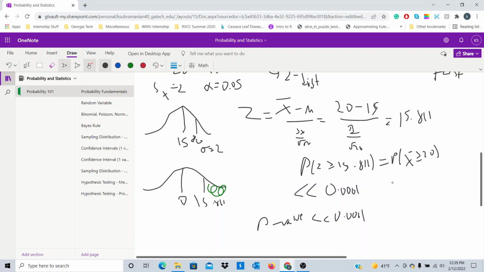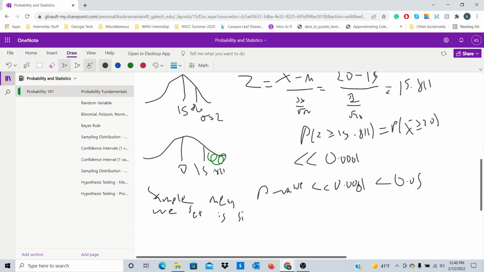But what was our significance level? 0.05 is the threshold, right? So if the p-value is extremely small, probably smaller than 0.0001, then 0.0001 is less than 0.05. So it looks like the sample mean we get is significant, right?